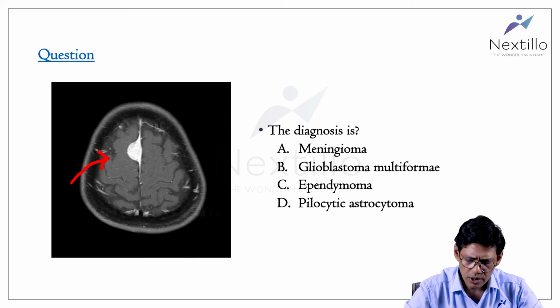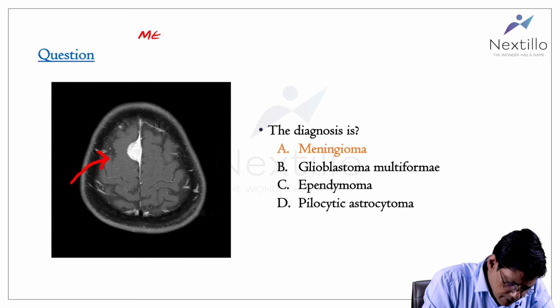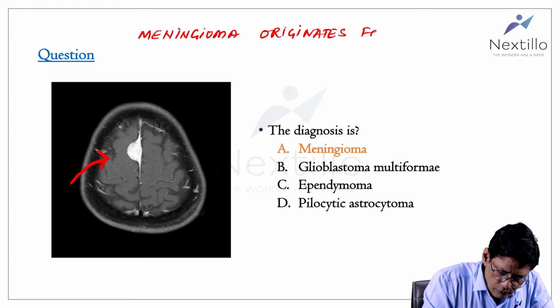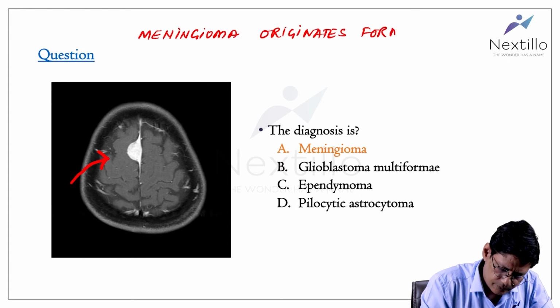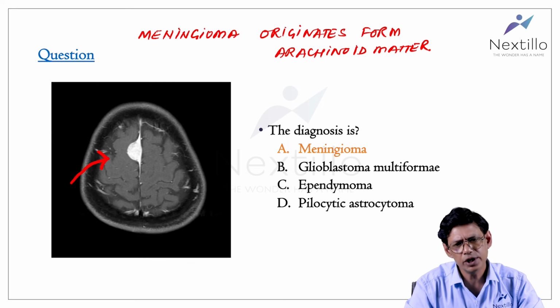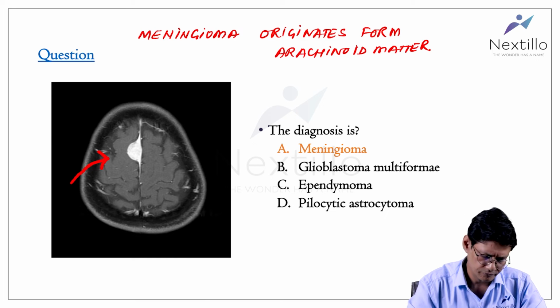This meningioma originates from the arachnoid matter, and it adheres to the dura and therefore is known as a dura-based tumor.